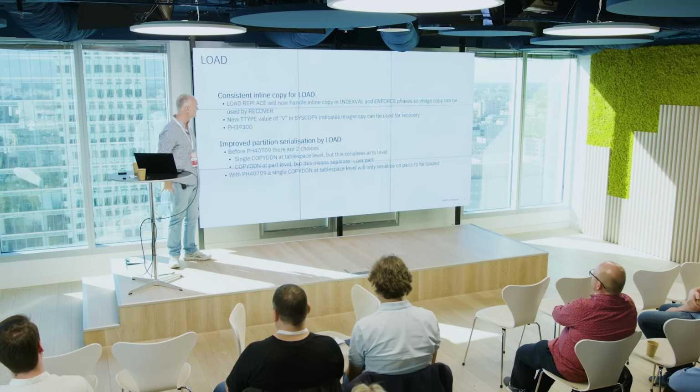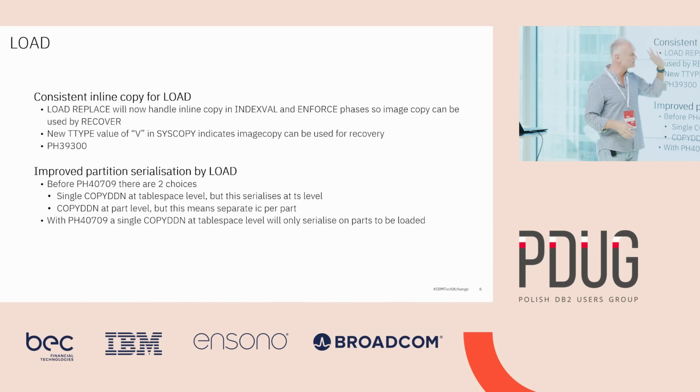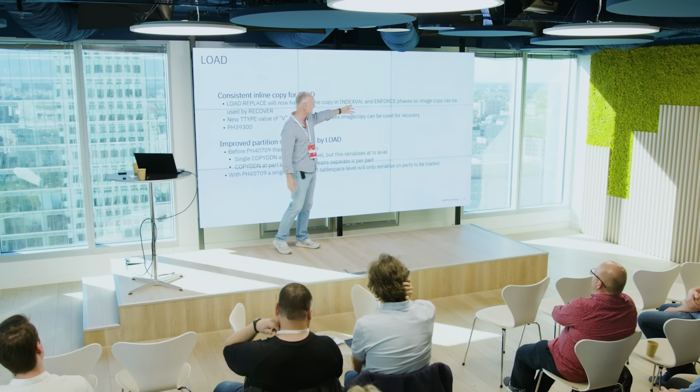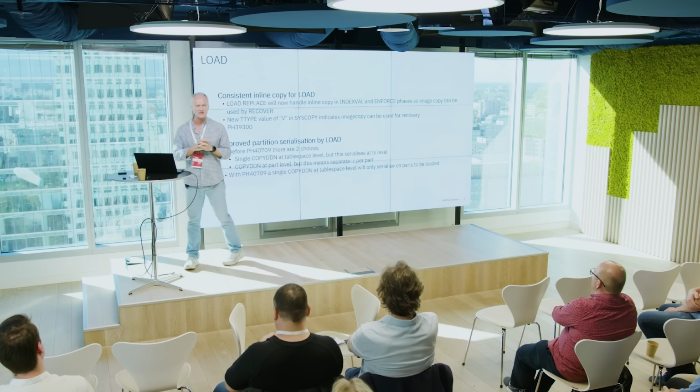In addition to that, on the load utility, we now deliver consistent inline image copies for load. The load utility would create an inline image copy containing the data that is being loaded. But the problem is that if you have a referential integrity constraint or a unique index on the table, then we will load data into the table, and afterwards we will go through an index validation phase for unique indexes or an enforce phase for RI constraints.